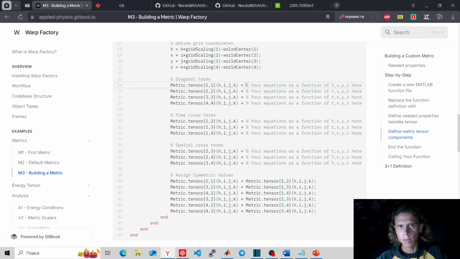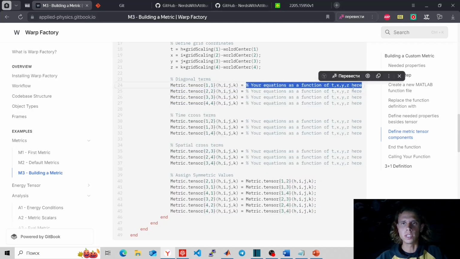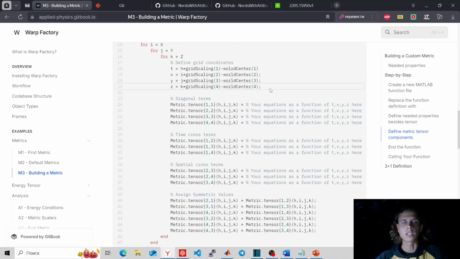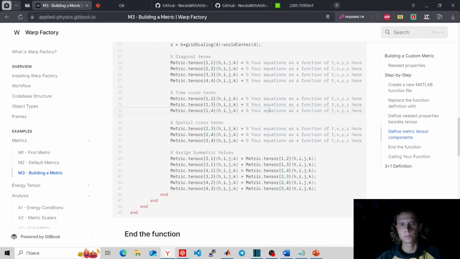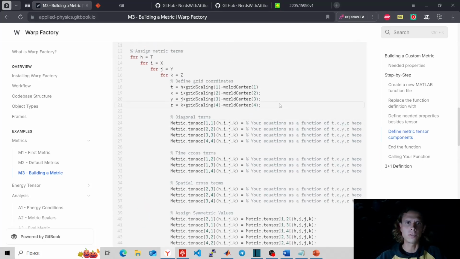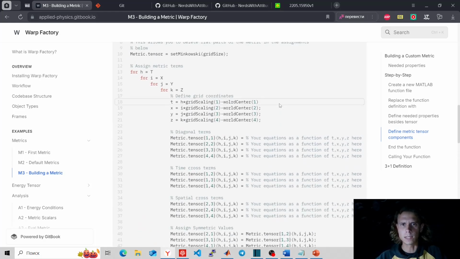You see, they ask for equations as a function of t, x, y, and z, because as far as I know, Warp Factory only works with Cartesian coordinates, and it doesn't work with, for example, spherical coordinates, which is kind of sad.